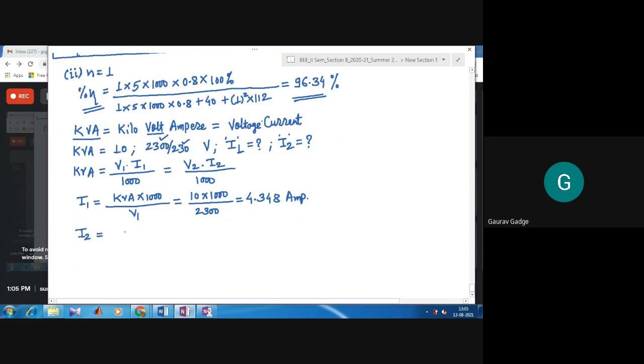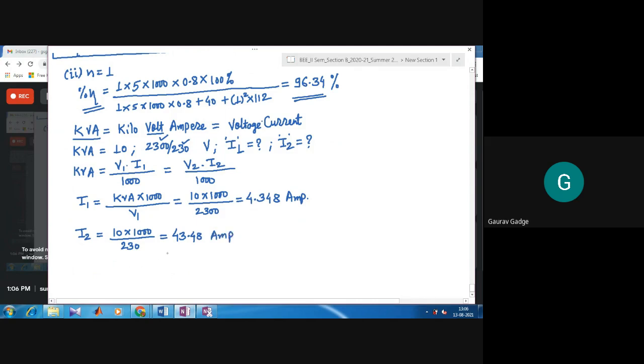Now in the same way I2 can be calculated. I2 is equal to KVA 10 multiplied by 1000 divided by V2. V2 is equal to 230. So just do the calculation: it is 43.48 ampere.